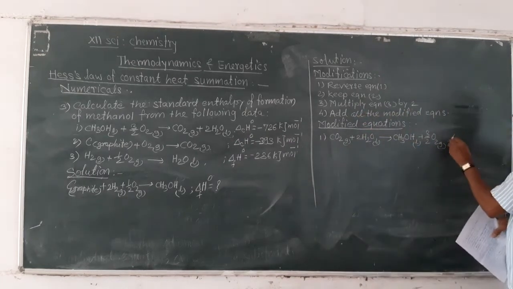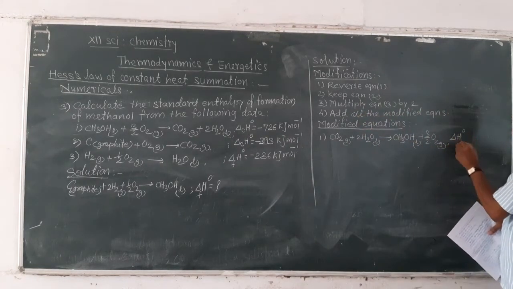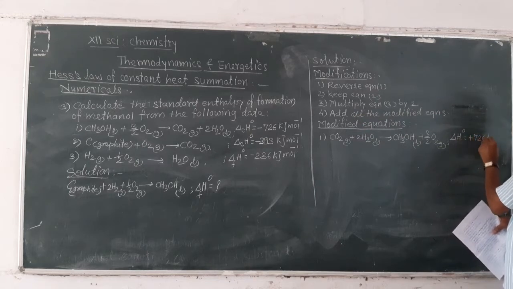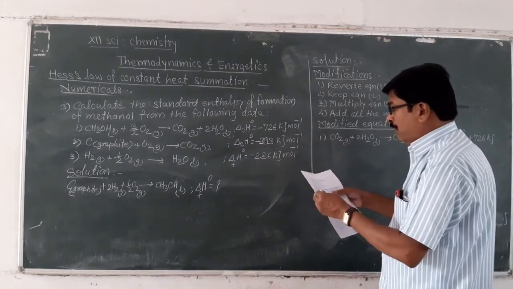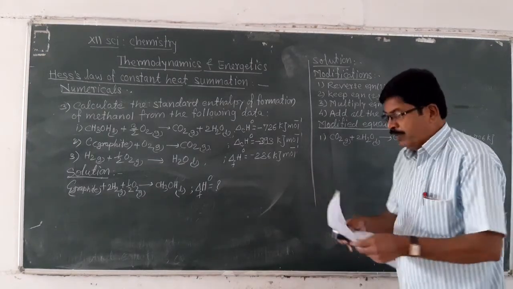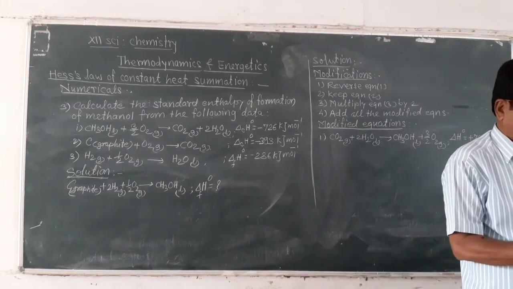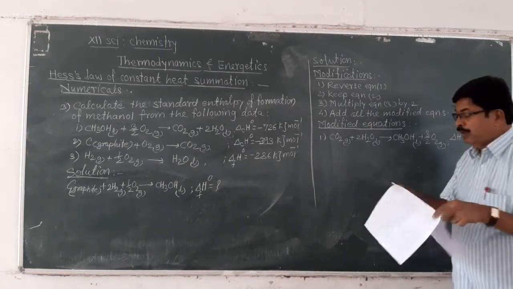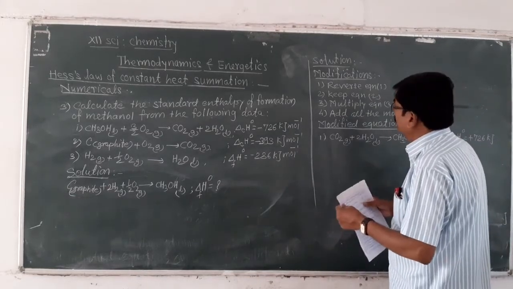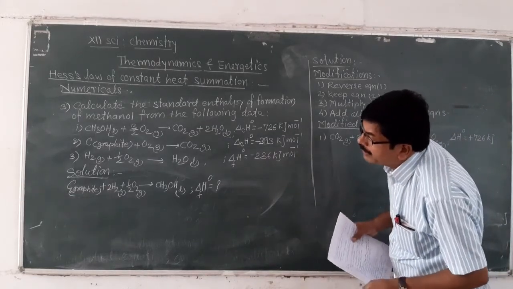That means the enthalpy of this reaction becomes plus 726 kilojoule. Now, the second equation, we have to keep it as it is.